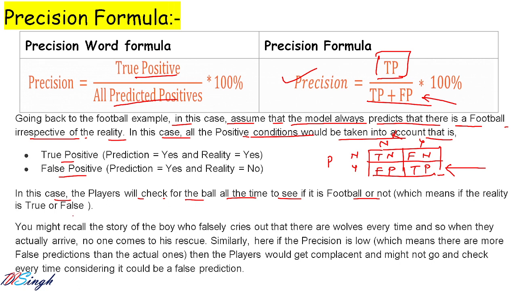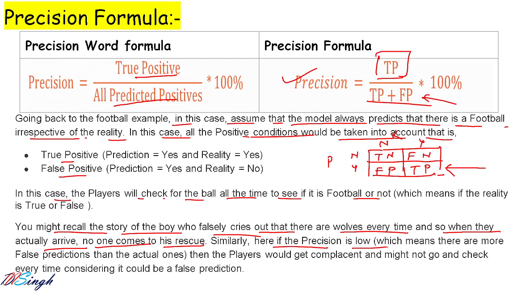You might recall a story of the boy who falsely cries out there is a wolf every time. So when they actually arrive, no one comes for his rescue, because it is creating more false positive cases.